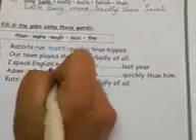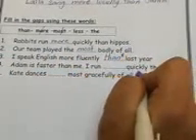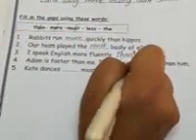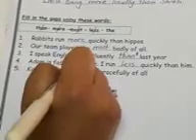I speak English more fluently than last year. Adam is faster than me. I run less quickly than him. Kate dances the most gracefully of all.